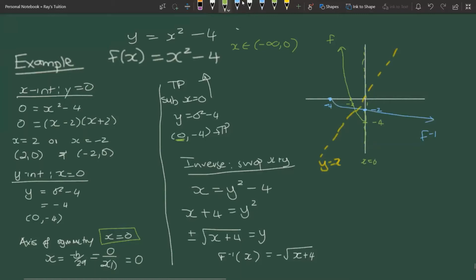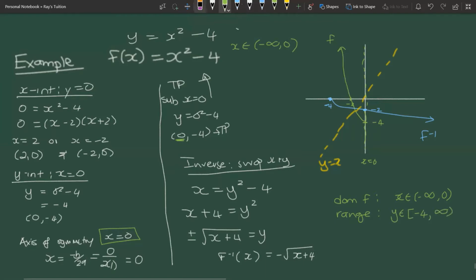Let's quickly end off with the domain and range of each of them. So the domain of our parabola, remember now we cut it in half, is x is an element from minus infinity to 0. The range of our parabola goes from the minimum to infinity, and it goes through that point.